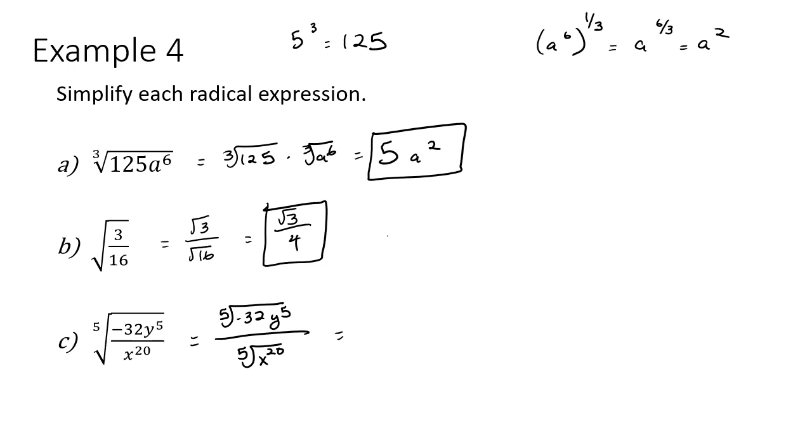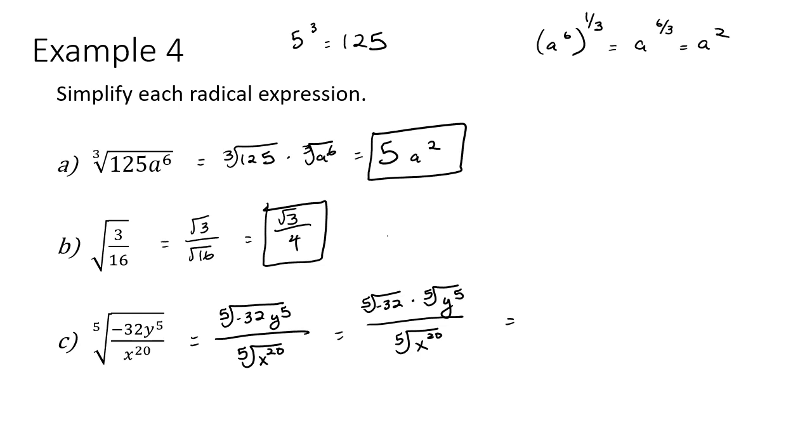Negative 32 times y to the 5th. So we can break that up even further with the product rule and write that as the 5th root of negative 32 times the 5th root of y to the 5th, still over the 5th root of x to the 20th. And then we can simplify each of these terms individually.